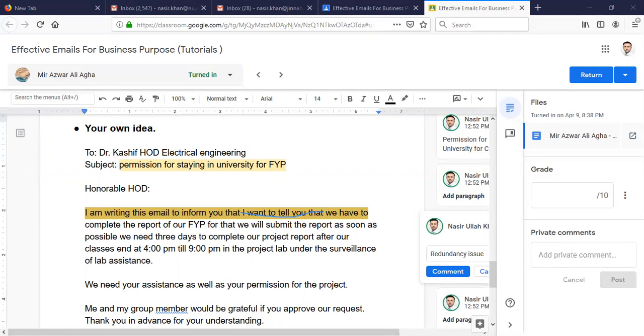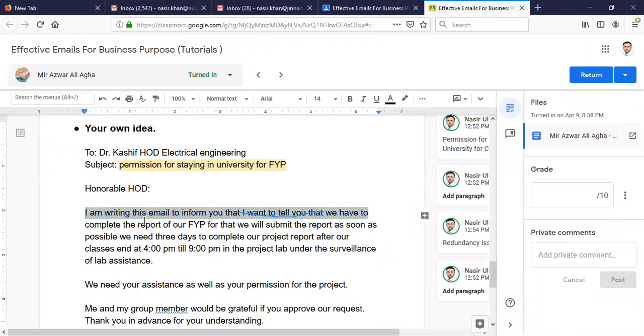Surveillance of lab assistants: the word surveillance isn't contextual here. Surveillance is something where people are virtually observed, so you cannot write this here. This is the misuse of surveillance. This entire paragraph needs to improve.